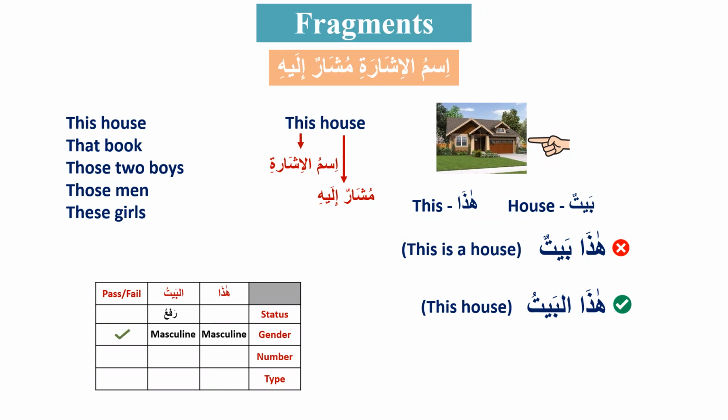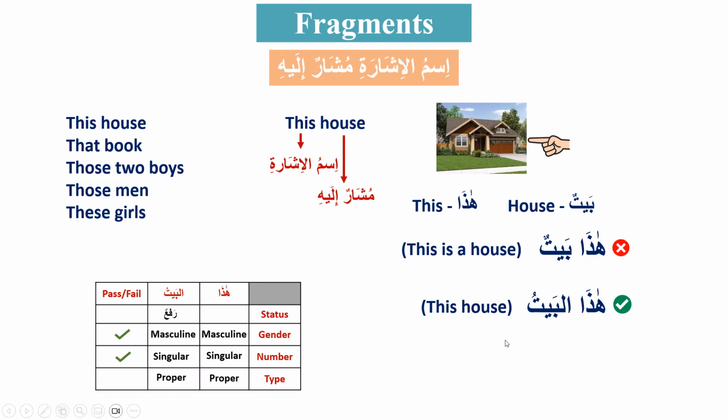How about number? They're both singular. Type: they're both proper. Yeah, Ismul Ishara is always proper. And why is Baytu proper? Because it's part of the Ismul Ishara.